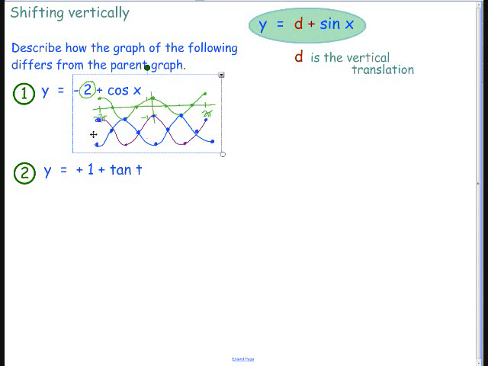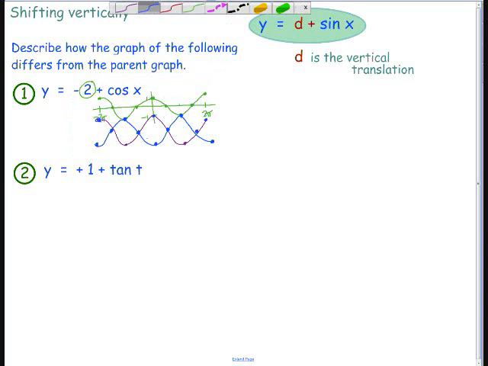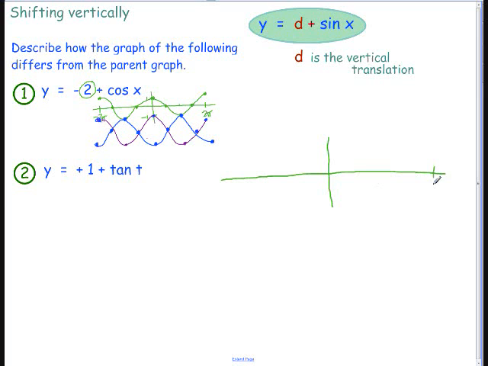All right, what about tangent? What does the parent graph of tangent look like? Let's draw a sketch. We've got 2 pi here, negative 2 pi here.